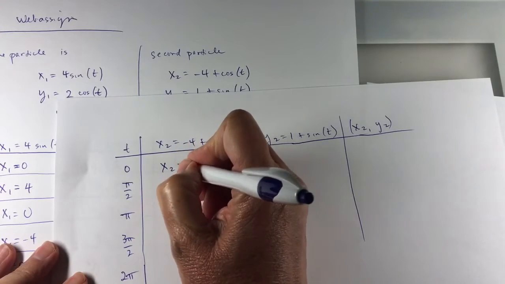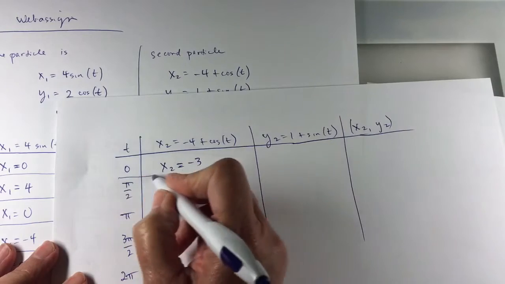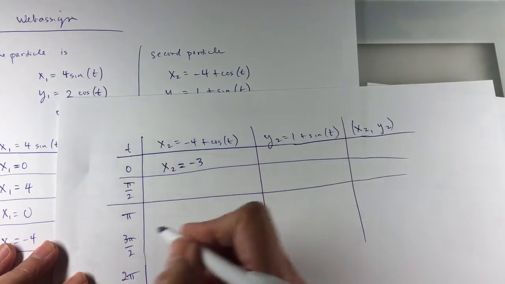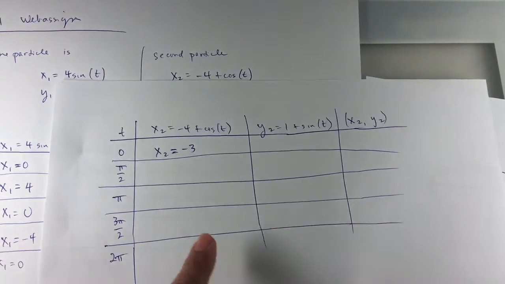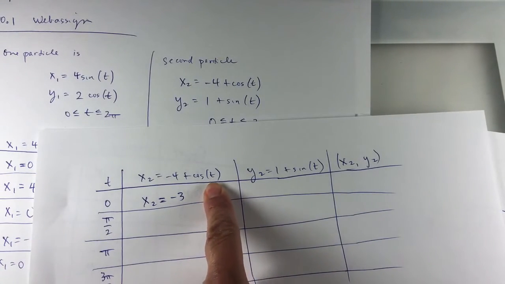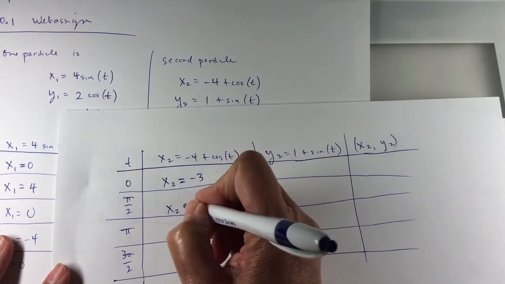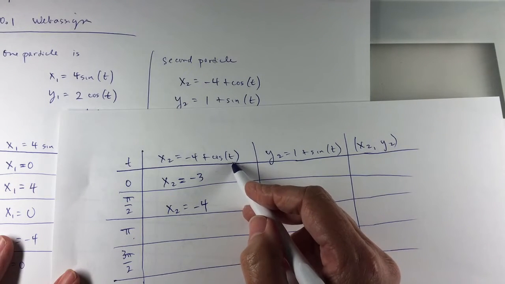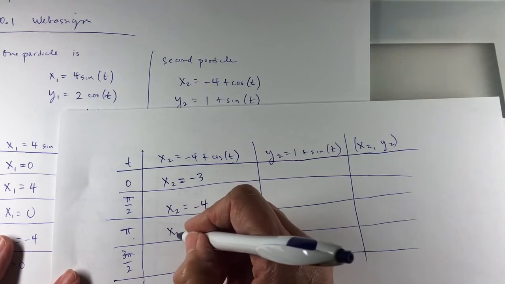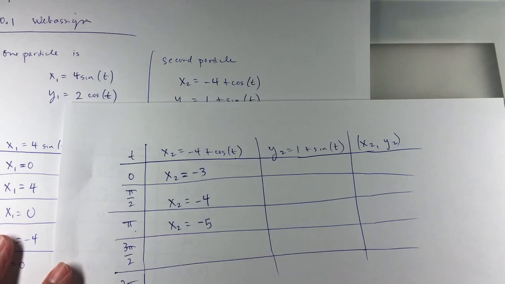So x sub 2 is negative 4 plus 1, that's negative 3. When t is pi over 2, the cosine of pi over 2 is 0, so it's negative 4 plus 0, and that's negative 4. When t is pi, the cosine of pi is negative 1, so x sub 2 is negative 4 minus 1, which is negative 5.